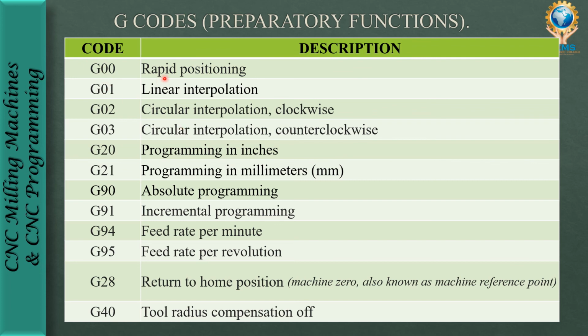For example, G00 rapid positioning, G01 linear interpolation, G02 circular interpolation clockwise, G03 circular interpolation counterclockwise, G20 programming in inches, G21 programming in millimeters, G90 absolute programming, G91 incremental programming, G94 feed rate per minute, G95 feed rate per revolution, G28 return to home position, G40 tool radius compensation off.